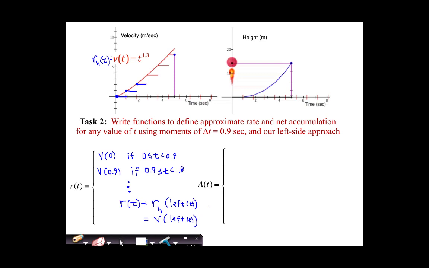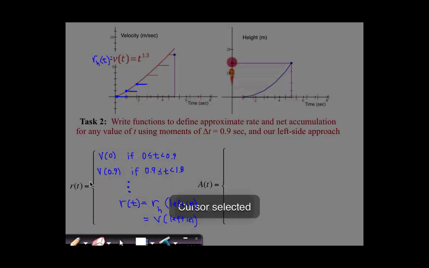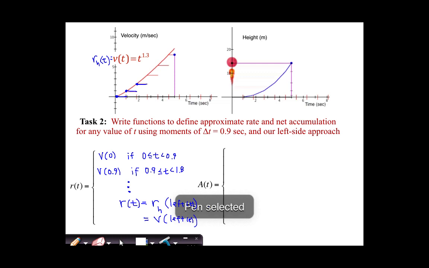So let me write that out. In the first interval, and I'm just going to write this up top, starting left to right, I'm using the exact rate at time 0, and there's multiple ways to write this again, times however far I am into this interval, which would be, how far is t past 0? t minus 0, which is just t, but I'm going to write t minus 0 just to emphasize it's how far I am past 0.